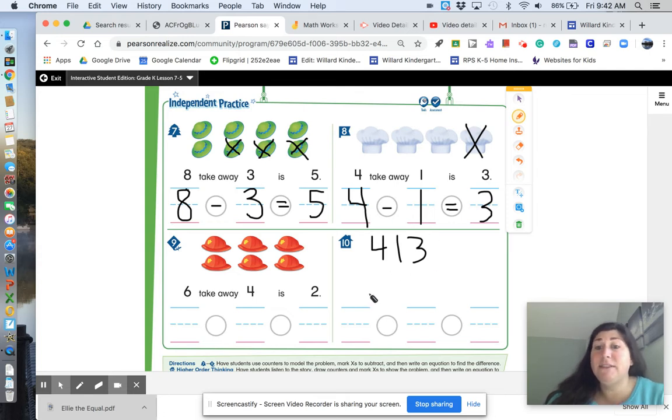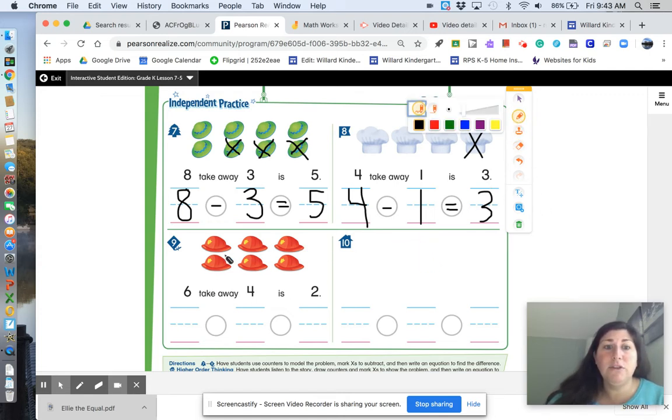That's actually just a number, a large number, 413. So when we forget our Linus the minus or our Ellie the equals, we end up with just a big number, and it isn't an equation at all. So we really want to make sure that we are using our symbols the right way so that people can understand our math thinking.